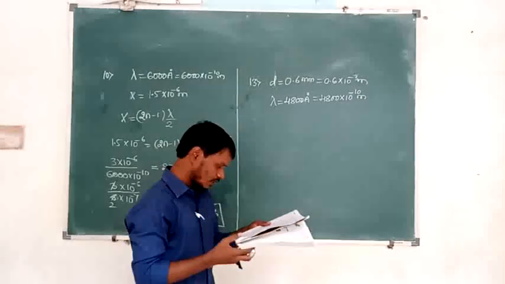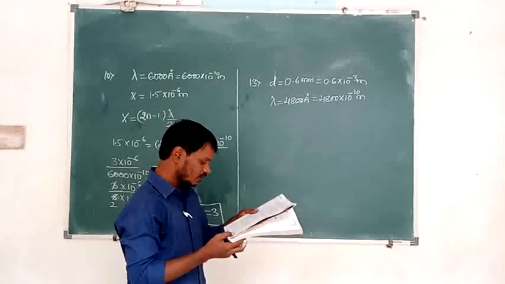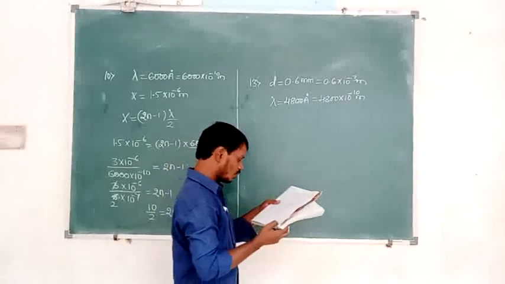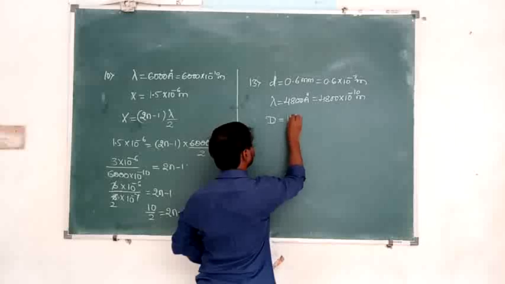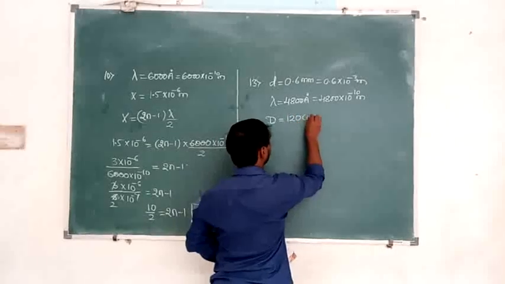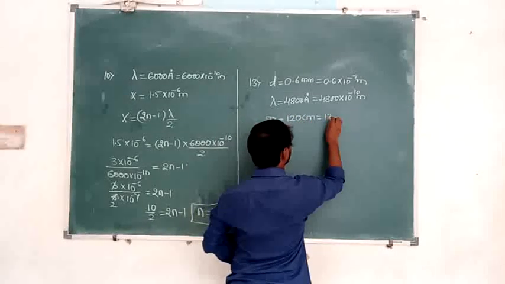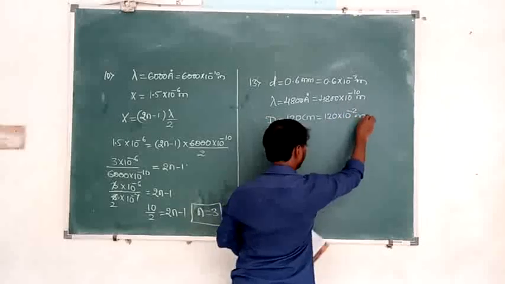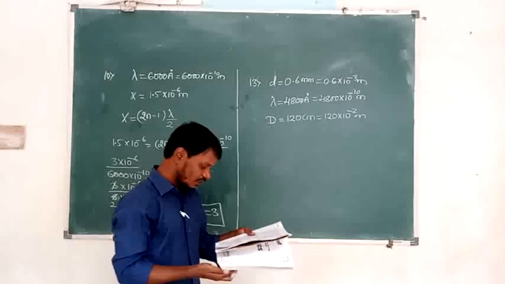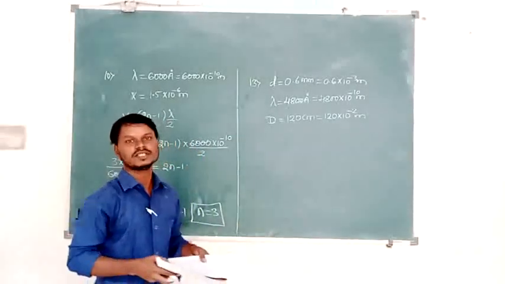Then the angular width of the dark fringe on the screen at a distance of 120 centimeter. What is the distance of the screen here? 120 centimeter means here it is 120 into 10 to the power of minus 2 meter. Then our aim is to find the angular width.